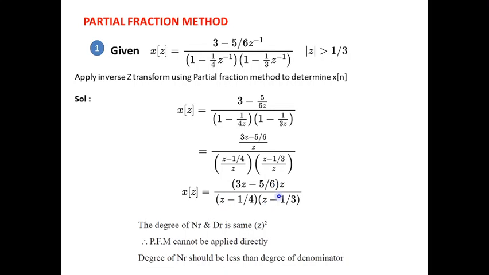So when both the degrees are same, we cannot apply partial fraction. Hence, the degree of the numerator should be reduced by at least 1 so that the numerator degree is lesser when compared to the denominator degree. So in order to do that, we can take this z to the left hand side.